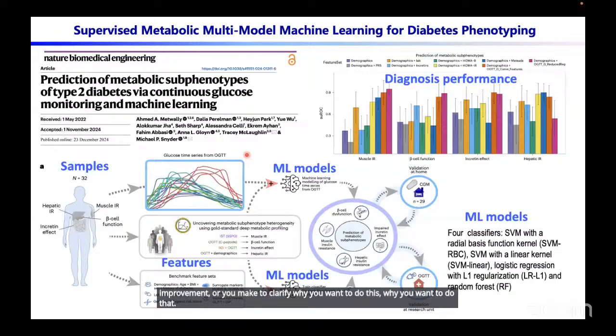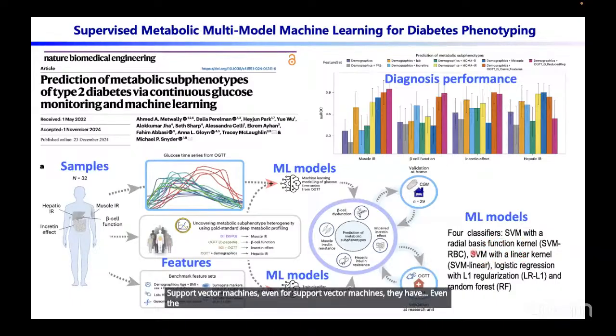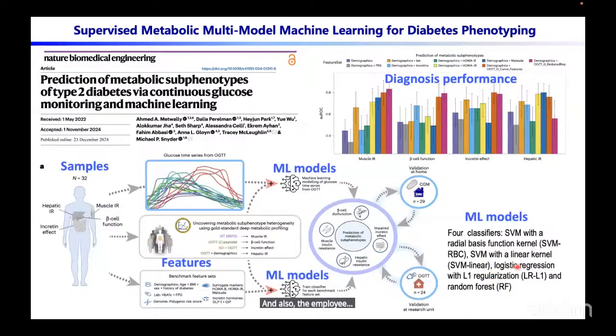In this particular case, you notice that they employ not a specific machine learning method, but rather a group of machine learning methods, including support vector machines. Even for support vector machines, they have different versions. And they also employ logistic regression, as well as that famous random forest.